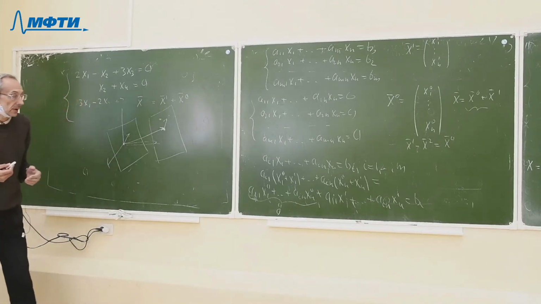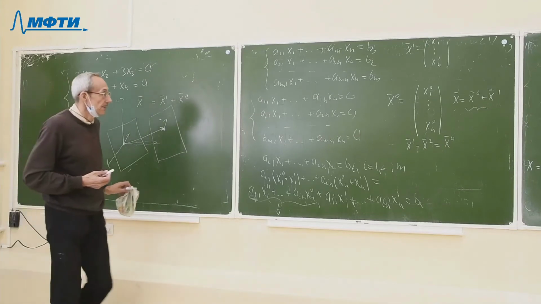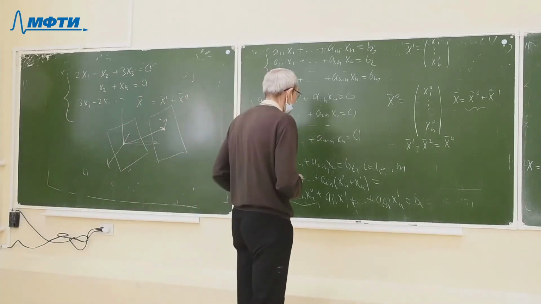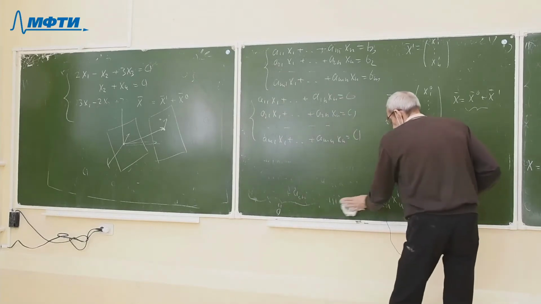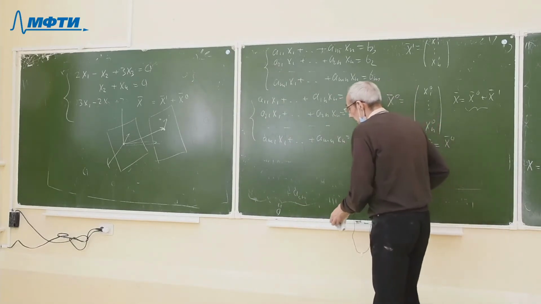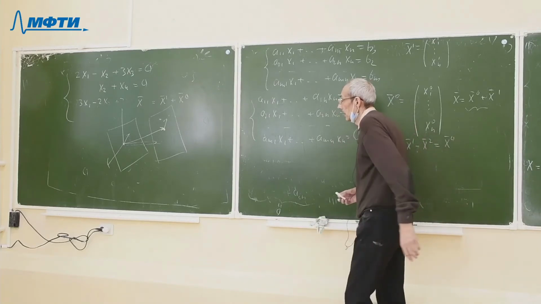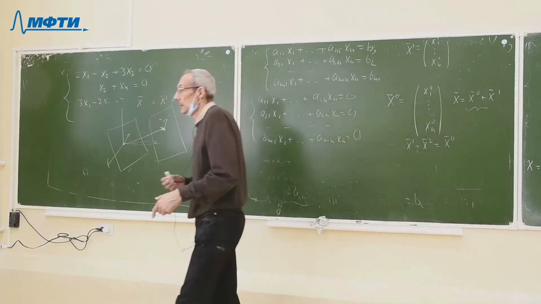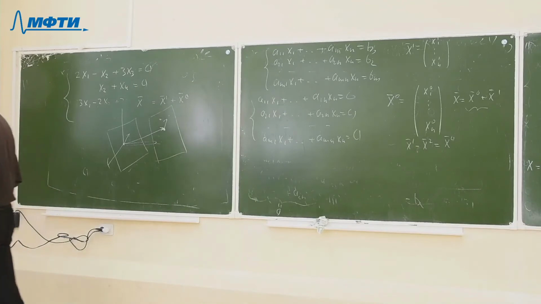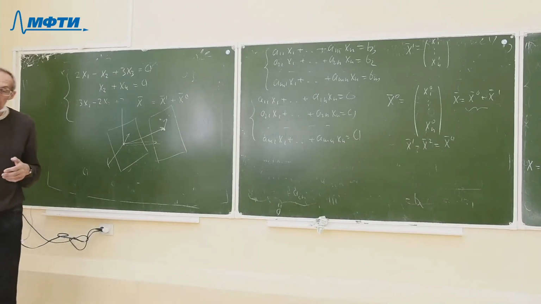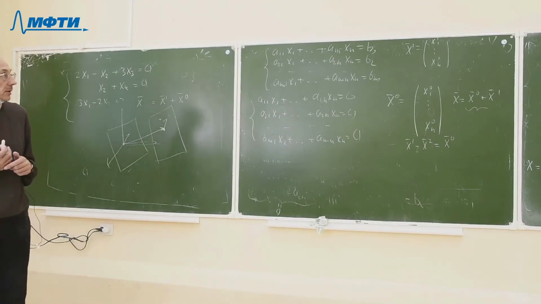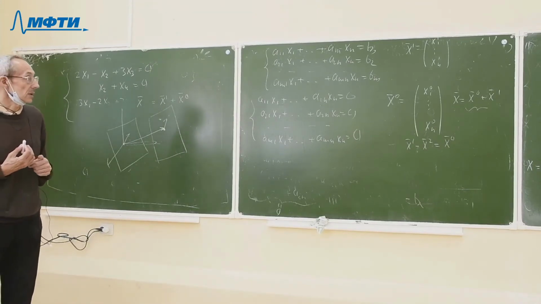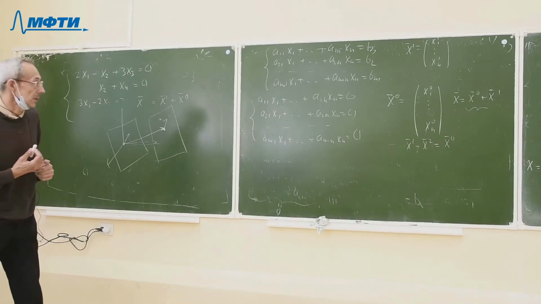We can use this geometrical interpretation, and we describe the solution of an arbitrary linear system as a sum of the partial solution, meaning some fixed solution of the linear system, and the general solution of the corresponding homogeneous linear system.